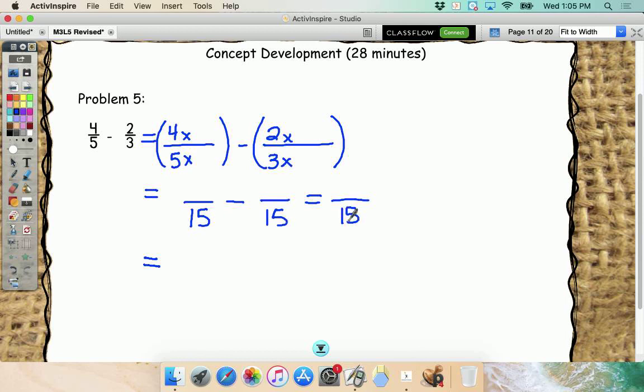And Helena, what should I multiply by? 3. And? 5. So I've got 12 minus 10. Javen, what's 12 minus 10? 2. Okay. So my answer? 2/15. Okay. All right. So tomorrow we'll do problem set with a partner and exit ticket for a grade.